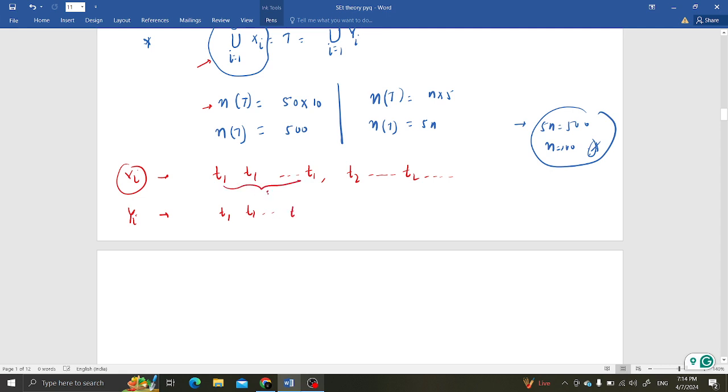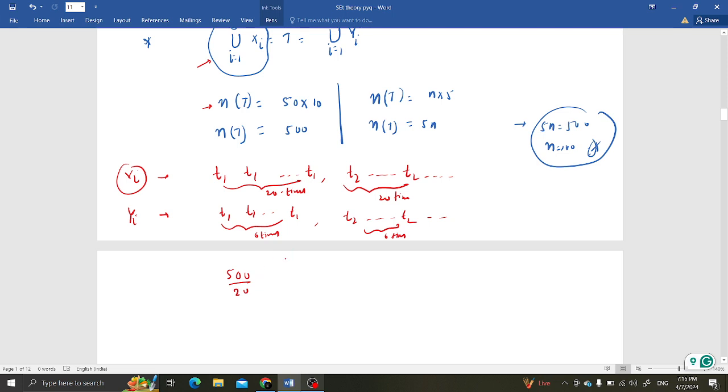Here we have 20 times. This is also 20 times. Understand? And here it will be 6 times. Same as that, T2 is also 6 times. Now you can observe that if each element repeats 20 times, then we take 500 upon 20, because what I need to find is the value of n.